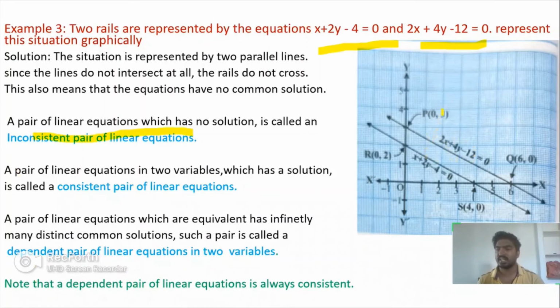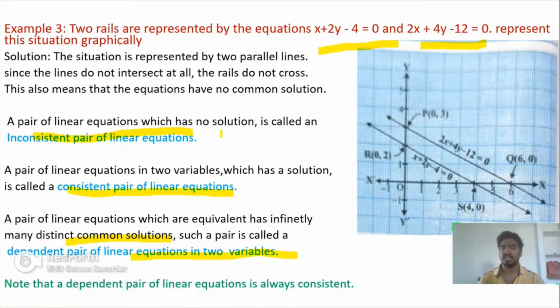And if two line equations intersect at a point, so that they have one common solution, they are called a consistent pair of linear equations. And a pair of linear equations which are coincident with each other, that is, the two lines in the graph are represented by a single line, so they have infinitely many distinct common solutions. Such a pair is called a dependent pair of linear equations in two variables.